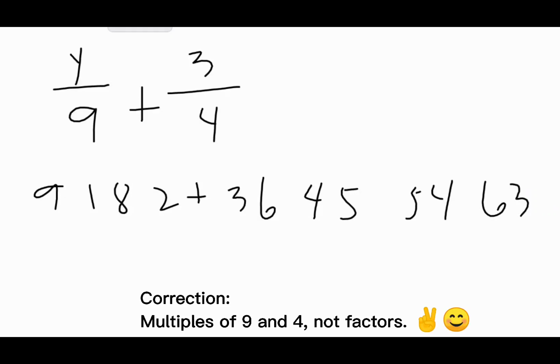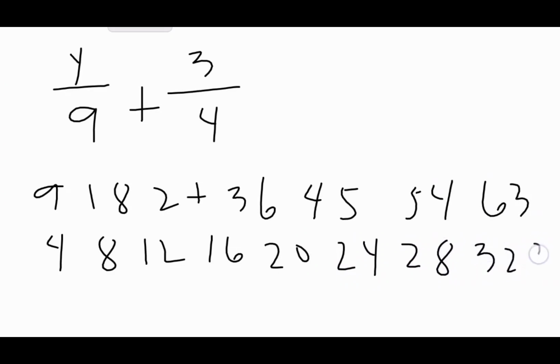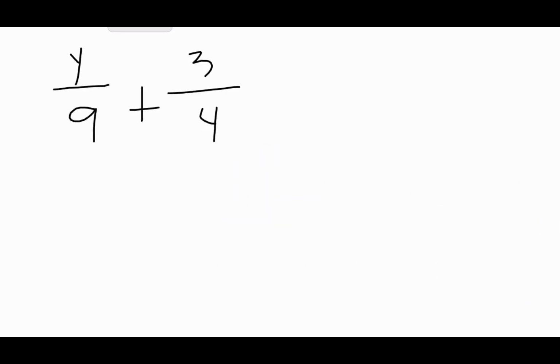And the multiples of 4 are 4, 8, 12, 16, 20, 24, 28, 32, 36, and so on. So what's common to both? That's 36. So the denominator is 36.